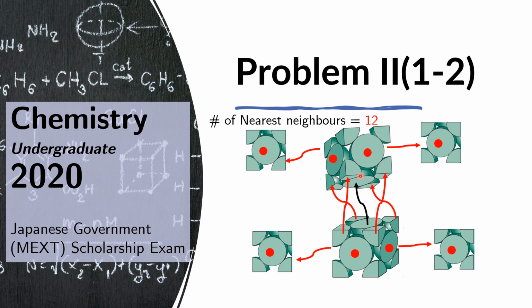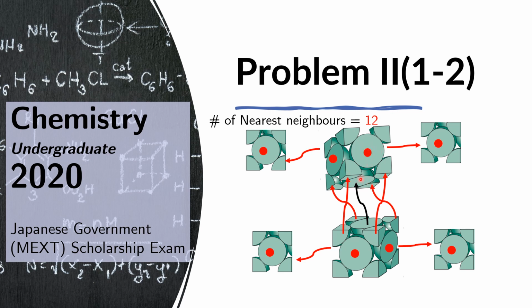And now the nearest neighbor is the atom or atoms that touch this half atom. So how many atoms are touching this half atom? That is the number of nearest neighbors. If we notice on the upper half unit cell, we see that this atom here, marked in red, actually touches this.